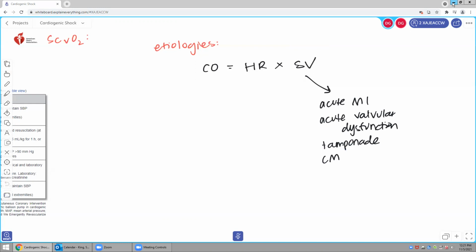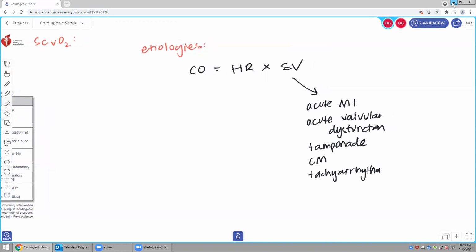What if your heart rate is too high? Yeah, tachyarrhythmias. If your heart's going so fast it doesn't have time to fill, you can get cardiogenic shock. And then what can acutely decrease your heart rate enough to cause cardiogenic shock?